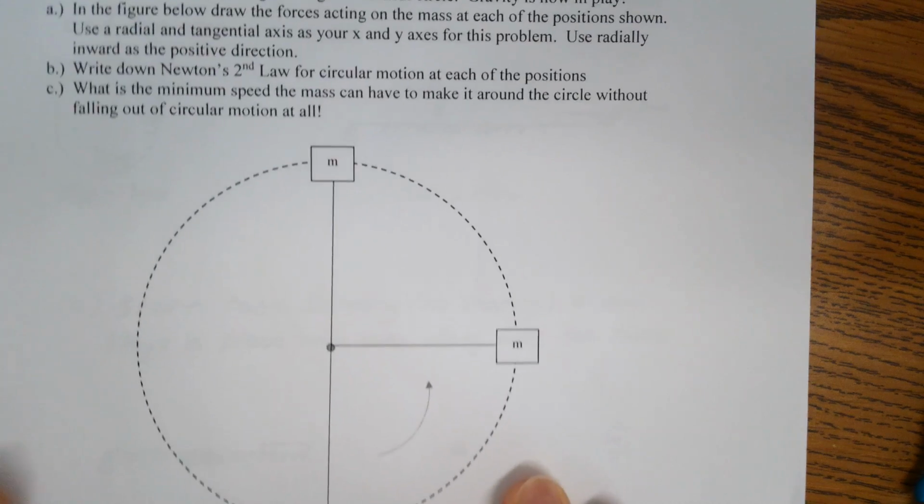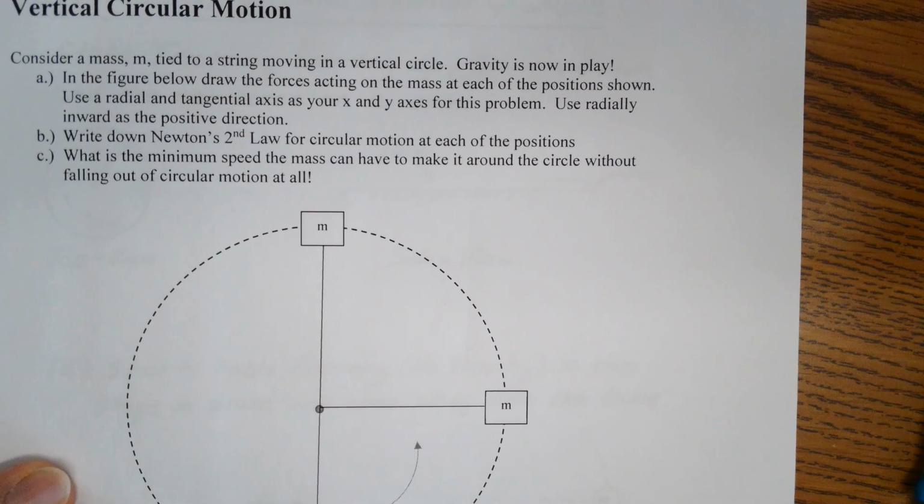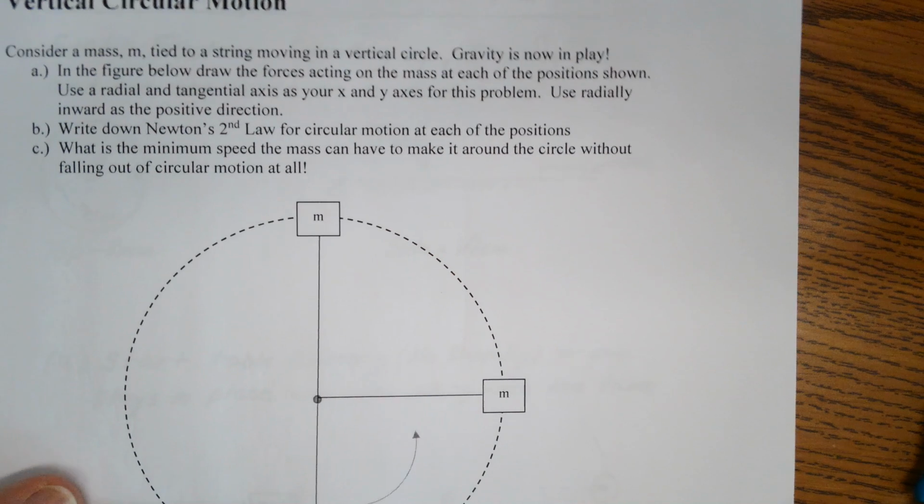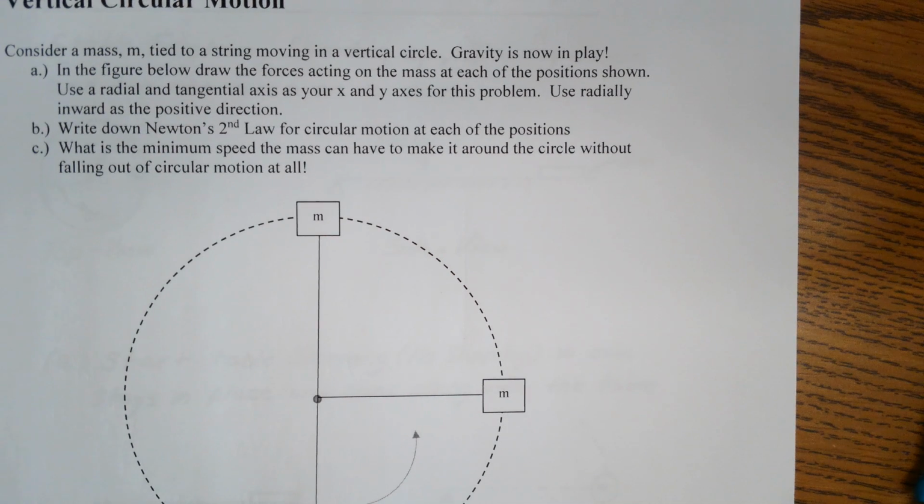Okay, so here consider a mass m tied to a string moving in a vertical circle. Gravity is now in play, right? Use the radial and tangential axis as your x and y axis for this problem. Use radially inward as the positive direction.